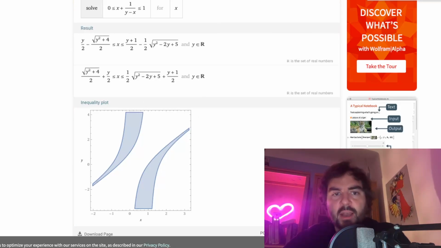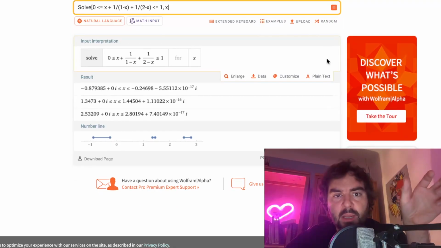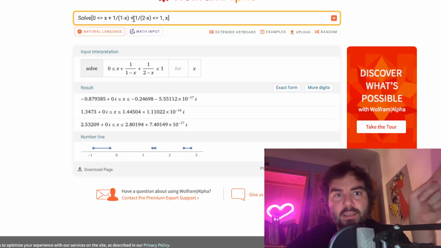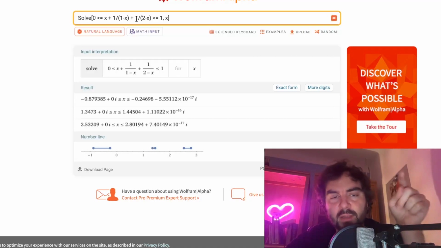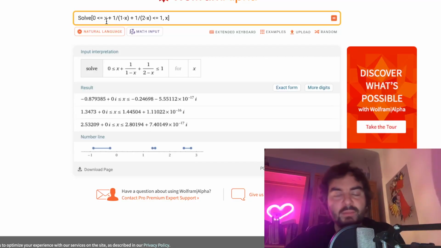In the next picture, I plug in 1 for this y, but I also plug in another term. So here's x plus 1 over 1 minus x plus 1 over 2 minus x, right? And you can play with the signs. You can also say x minus 1 over x minus. This is just simple algebra, but it's the same transformation, but now with 2 terms.